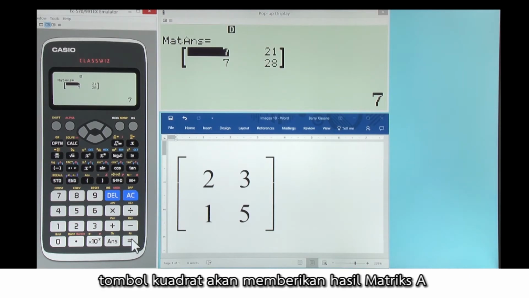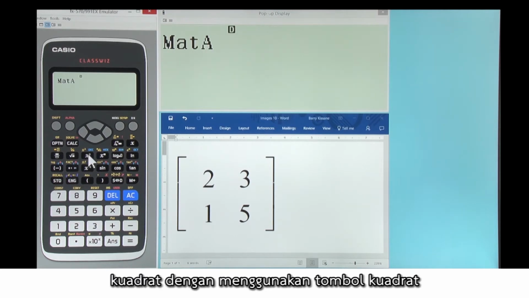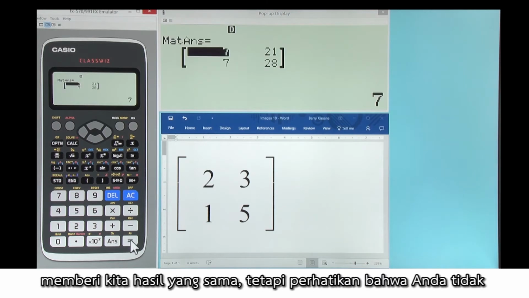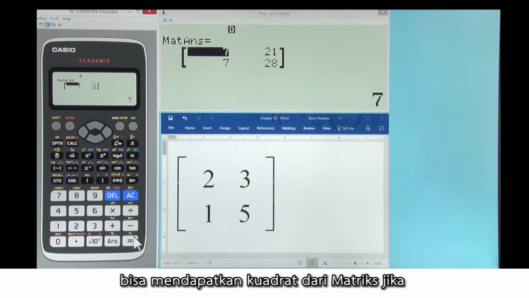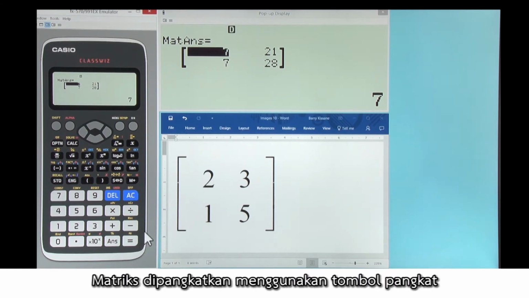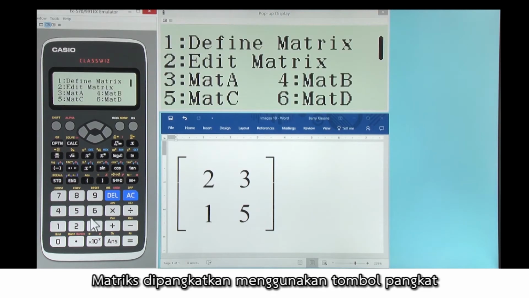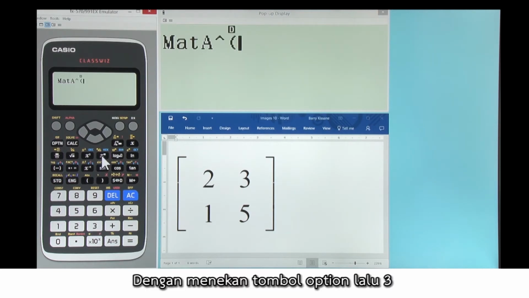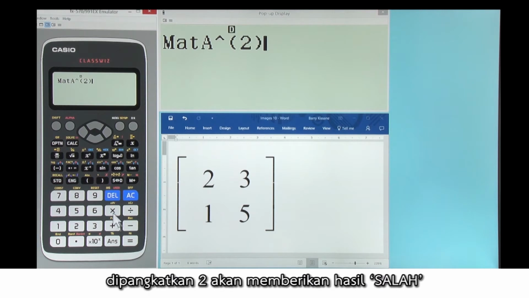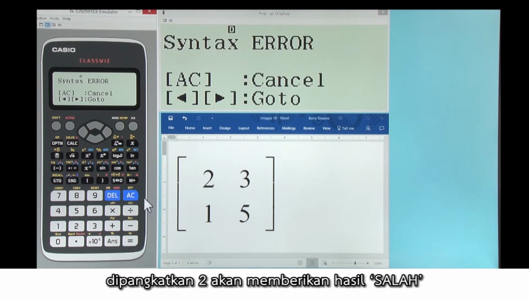The squaring key has the same effect. Matrix A squared with the squaring key here gives us the same result. But notice, however, that you can't get the square of a matrix by powering the matrix using the powering key. Option 3 to the power 2 gives an error.